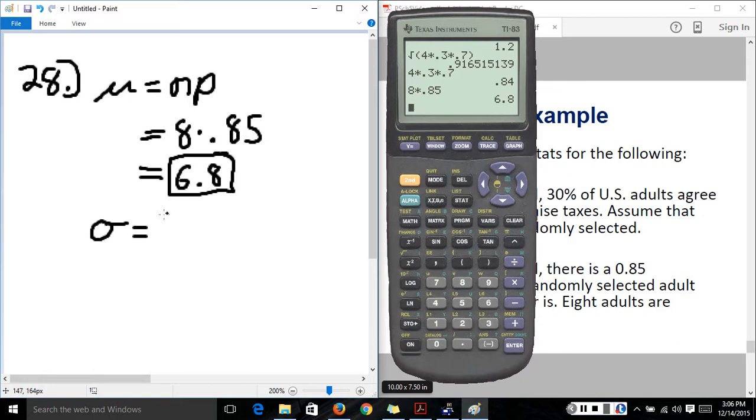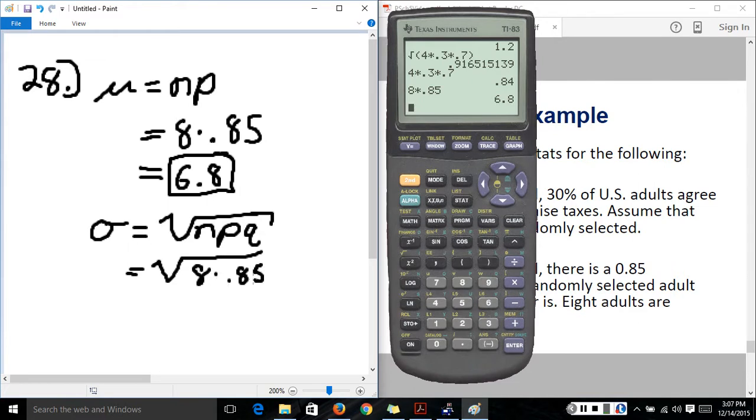Standard deviation, square root of N times P times Q, where Q is the complement of P. So that'd be the square root of 8 times 0.85 times, well, Q is 1 minus P, so 1 minus 0.85 is 0.15.